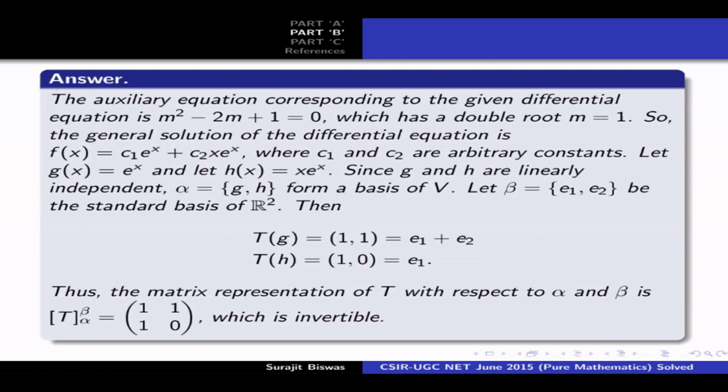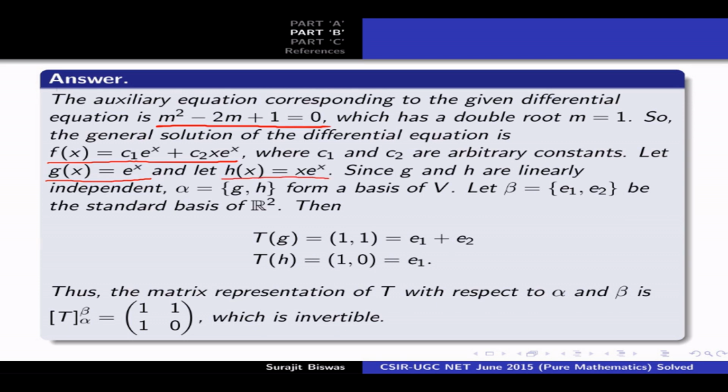Okay, the auxiliary equation corresponding to the given differential equation is m^2 - 2m + 1 = 0, which has a double root m = 1. So the general solution of the differential equation is f(x) = c1 e^x + c2 x e^x, where c1 and c2 are arbitrary constants. Let g(x) = e^x and let h(x) = x e^x.